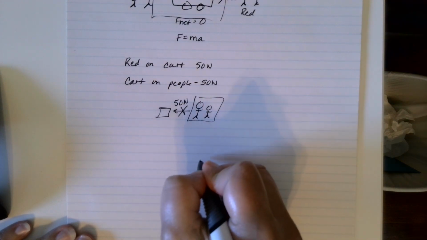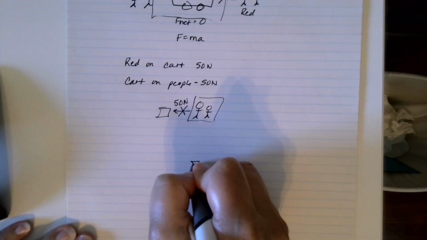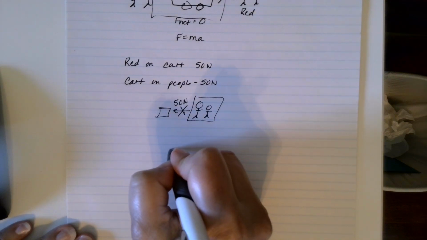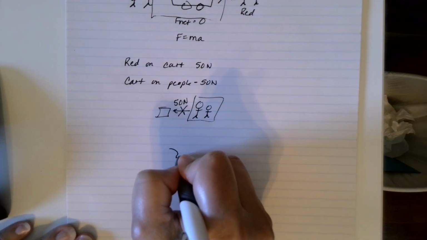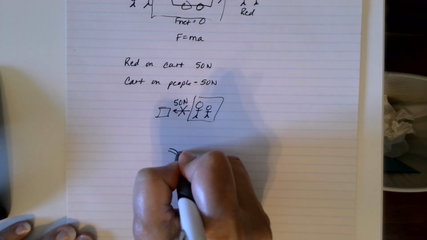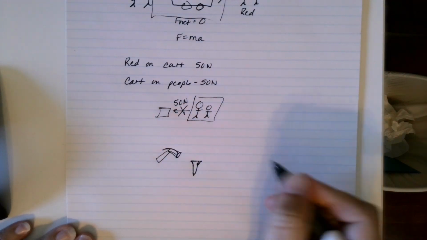In the lab, in the comments, I talked a lot about having two objects. I can't draw very well, so we're going to pretend this is my nail, and over here we'll say that's my hammer.